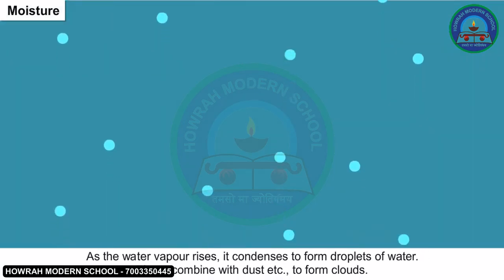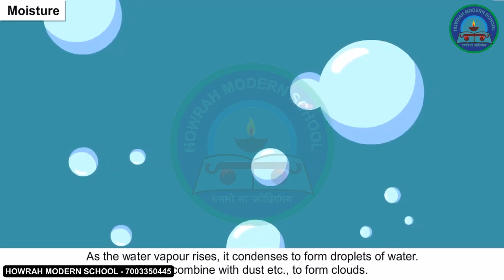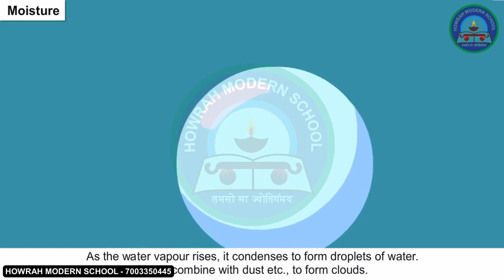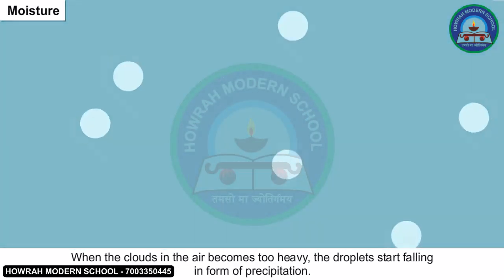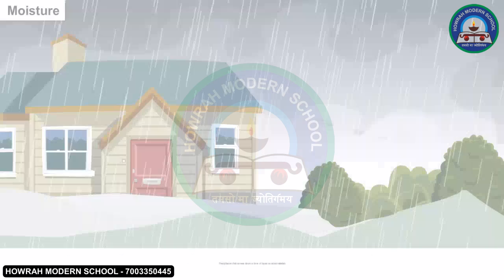As the water vapor rises, it condenses to form droplets of water. These combine with dust, etc. to form clouds. When the clouds in the air become too heavy, the droplets start falling in the form of precipitation.